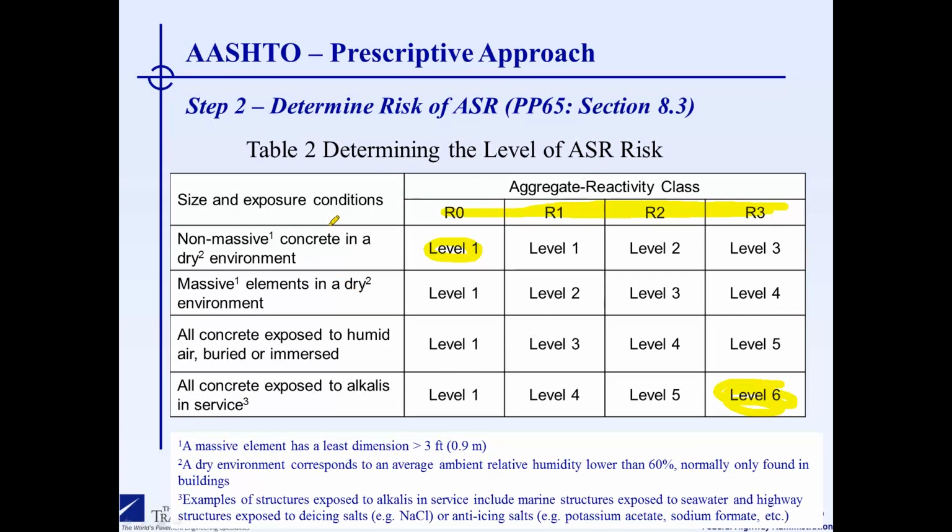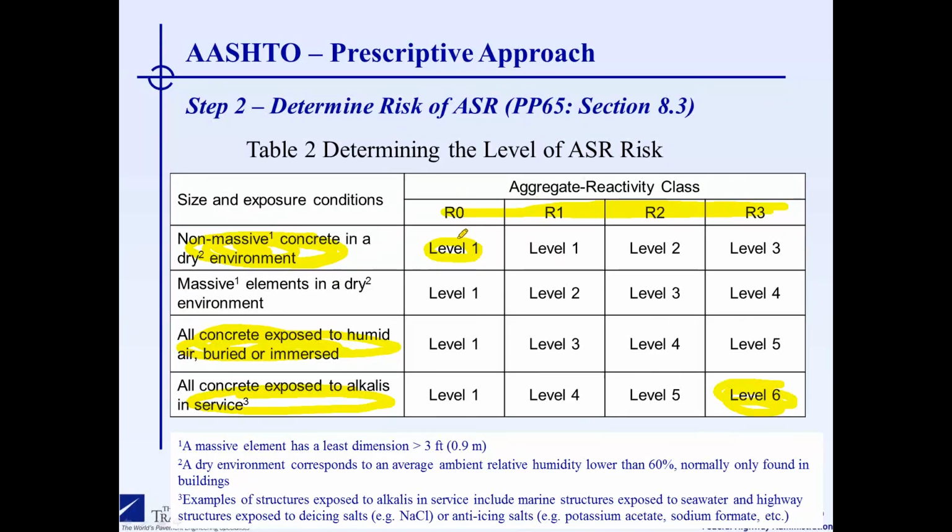And it depends on the exposure condition of our structure. So we have conditions that are not conducive to ASR at the top, in other words, small concrete elements in a dry environment, through to concrete exposed to humid air, buried or immersed, which is, let's face it, most of our engineering structures. And then in the extreme case, concrete may be exposed to alkalis in service.